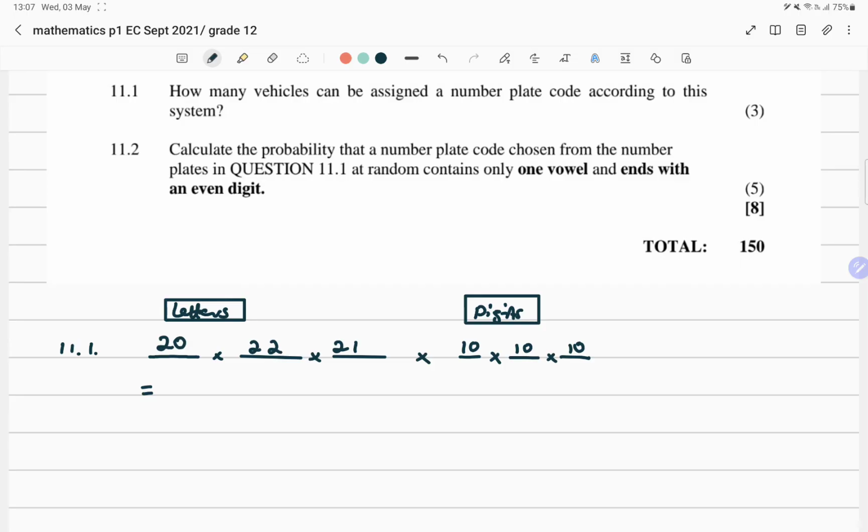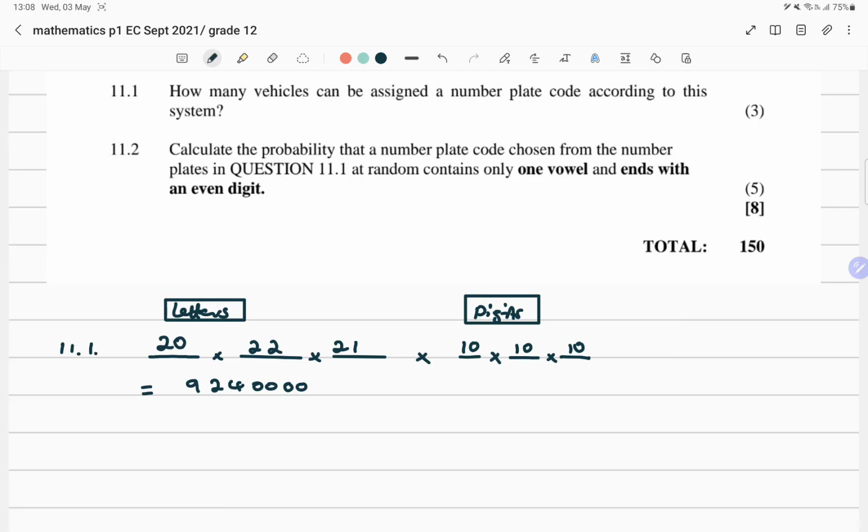So this is going to be 20 times 22 times 21 times 10 times 10 times 10. So I'm getting here 9,240,000.